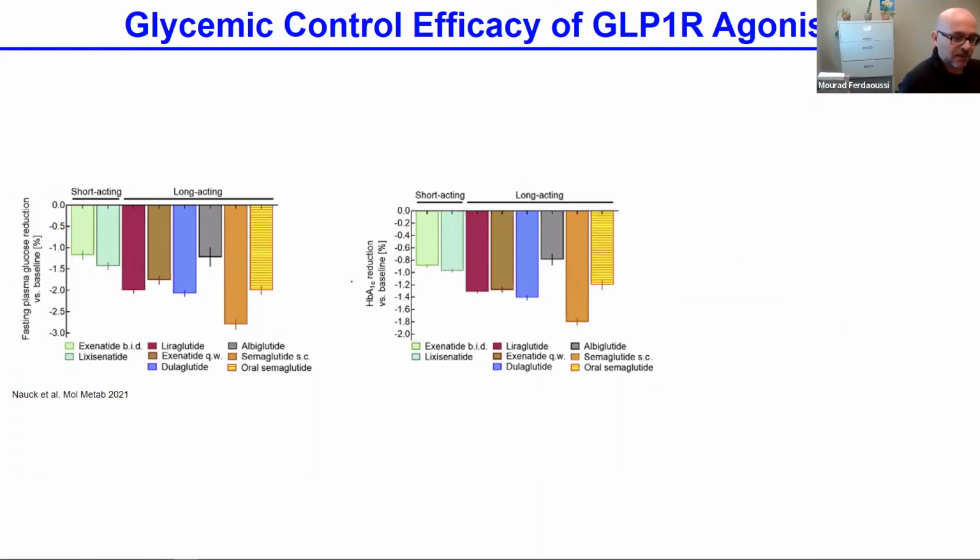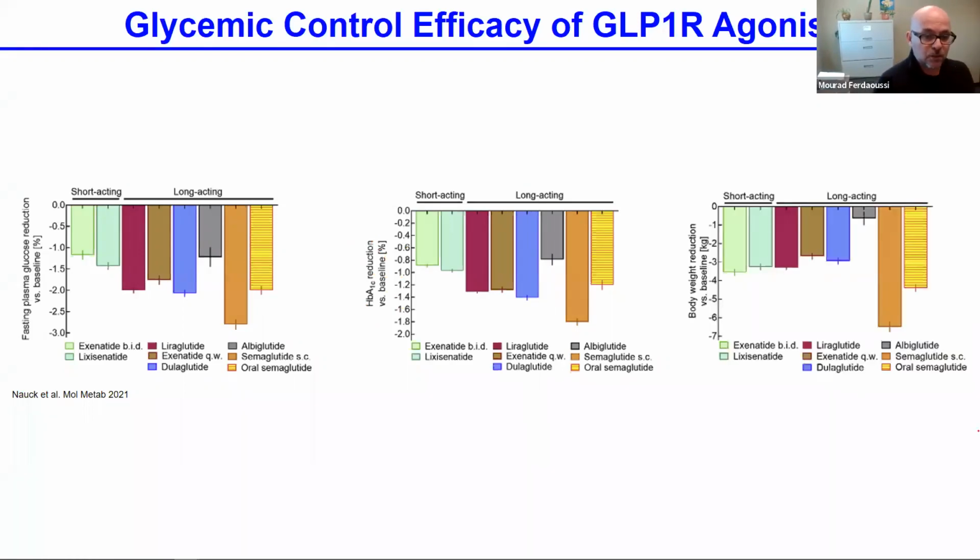They improve the HbA1c, which, as I mentioned before, is one of the criteria to diagnose type 2 diabetes. But what was really interesting to observe is that those GLP-1 receptor agonists, besides improving the glycemia, reduce body weight. They have a significant reduction of the body weight.